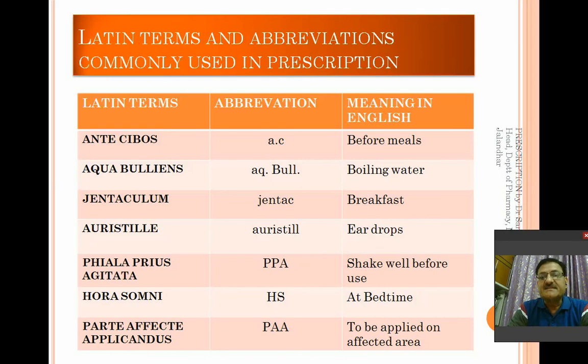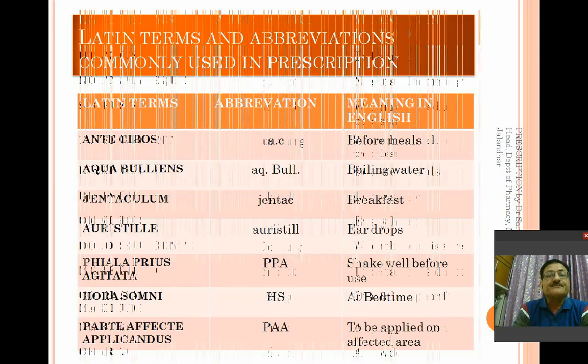Auristill means ear drops. Phiala prius agitata, PPA, it is written in short. It means shake the bottle well before use. Then hora somni, it is written as HS, means the medication is to be given at bedtime. Then PAA, parte affecta applicandus, it means it is to be applied to the affected part.